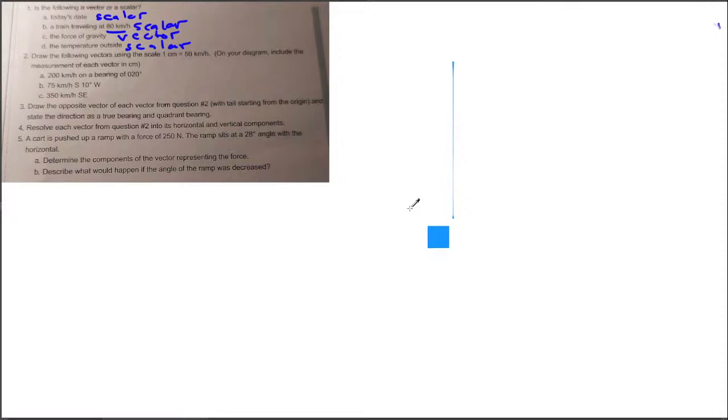I'm going to take these one at a time. So let's go to A. And I'm going to draw a smaller sketch of this so we can see what they mean. So here's our axes, and I'll just redraw this vector a little bit so you can kind of see what we're going for here.